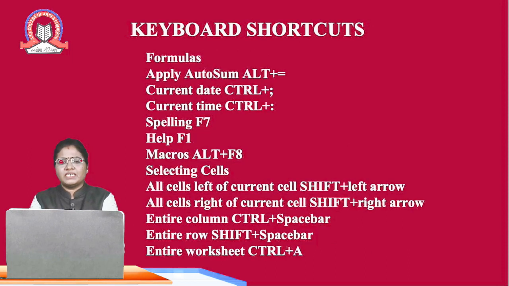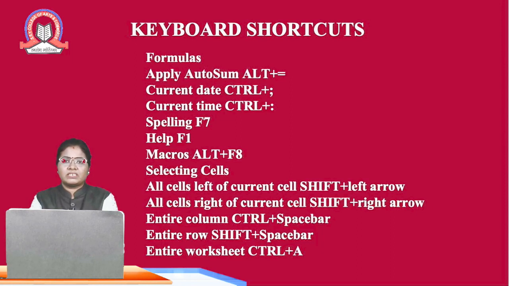Some of the formula shortcuts are compulsory to type in Excel. We use equal to. Apply auto sum with Ctrl plus equal to, current date Ctrl plus semicolon, current time Ctrl plus colon, for spelling F7, help F1. Spelling means spelling check, help means if we need any help for Excel.